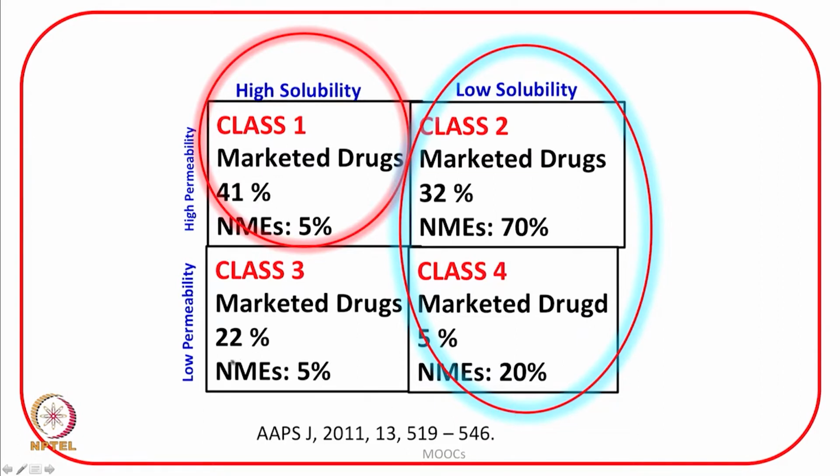There is still a fraction of 5% where permeability is low, but solubility is sufficient. But the major problem faced by the industry is that 90% of the new molecular entities will either have high permeability but low solubility, or low permeability and low solubility, and that is the problem being faced by pharmaceutical industries.